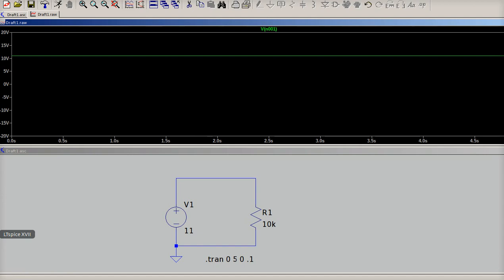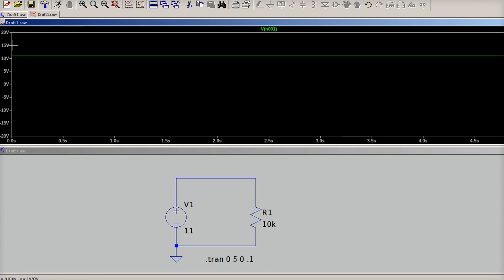So what I've done in LT Spice is I've set up a circuit with a voltmeter going across a resistor. Resistor doesn't matter. And I'm using something called transient analysis. When I use transient analysis, what I get out is what you would see on an oscilloscope. Typically on the oscilloscope, you have tick marks, and you actually have a grid across the screen.